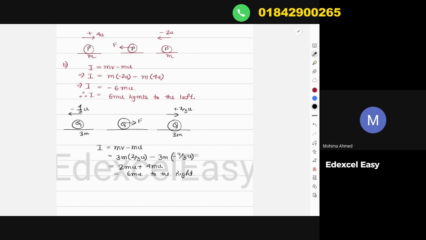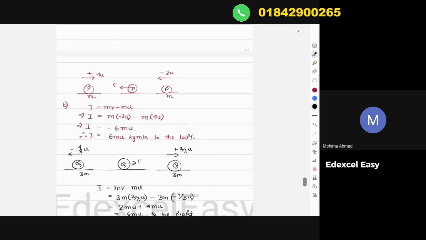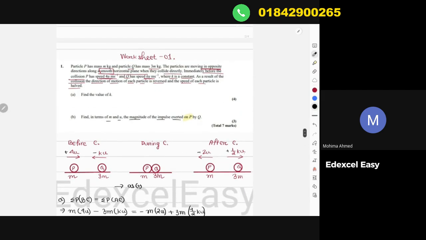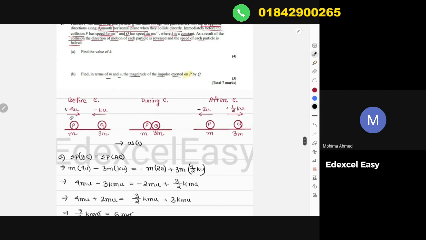But then again, to be honest, they have not given you any diagram over here. The question doesn't give you a diagram. You drew the diagram there, and you assumed that particle P was moving to the right, particle Q was moving to the left, right?